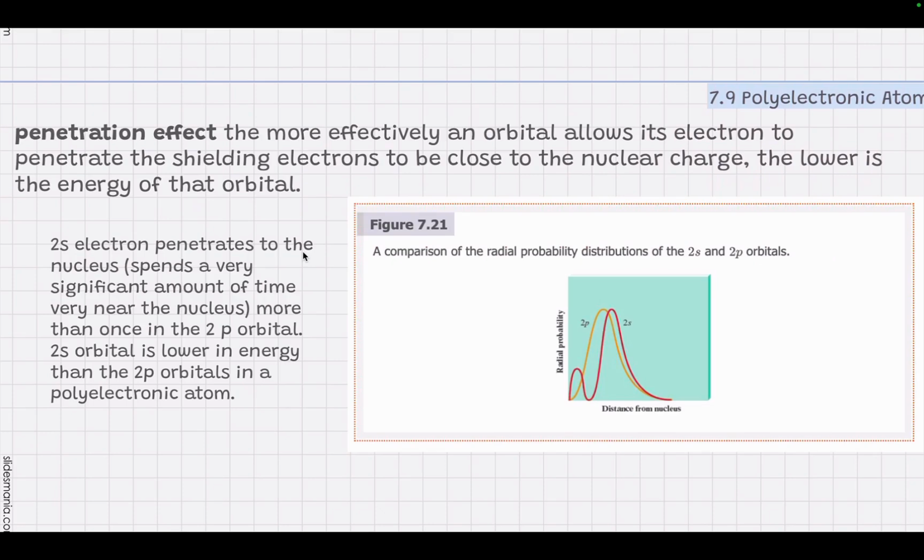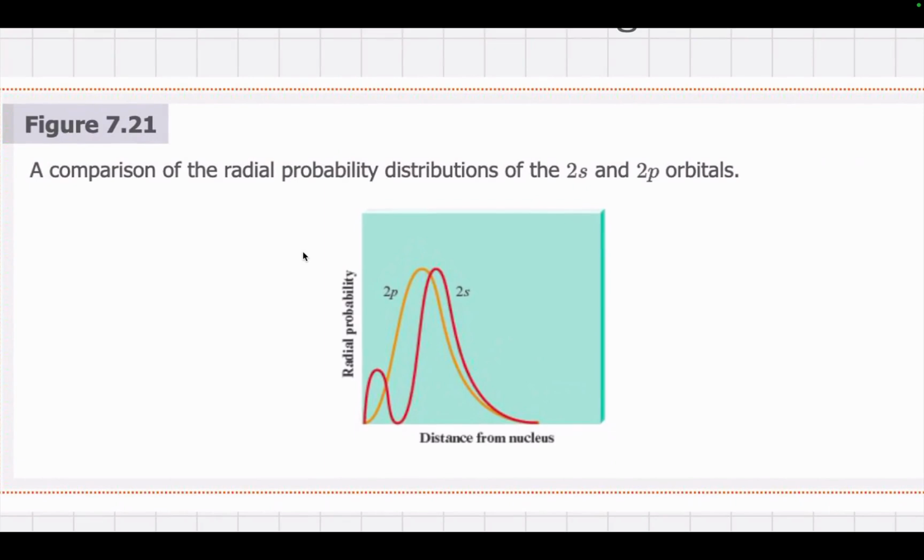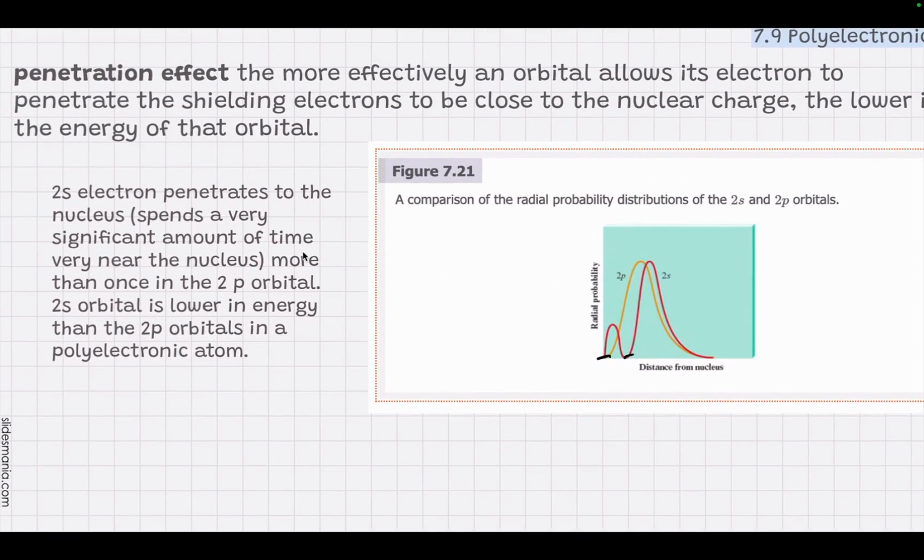If you look at the probability, the 2s has two chances to be really close to the nucleus, versus the 2p. Therefore, the 2s orbital, because it has this ability, is lower in energy than the 2p orbitals in a polyelectronic atom.